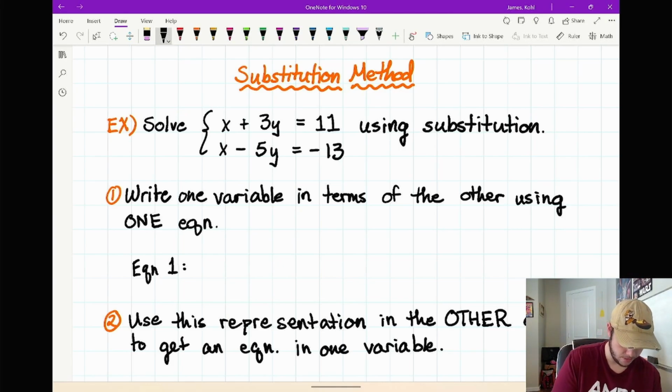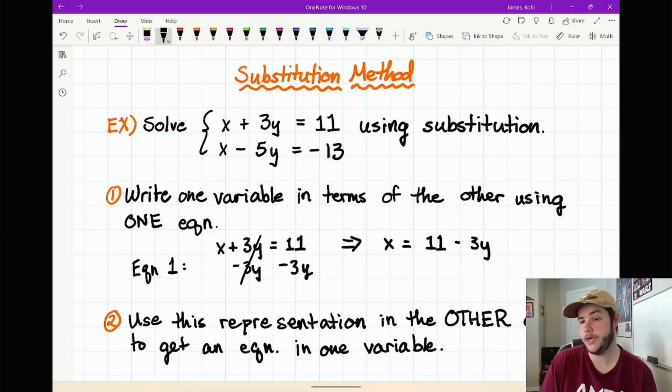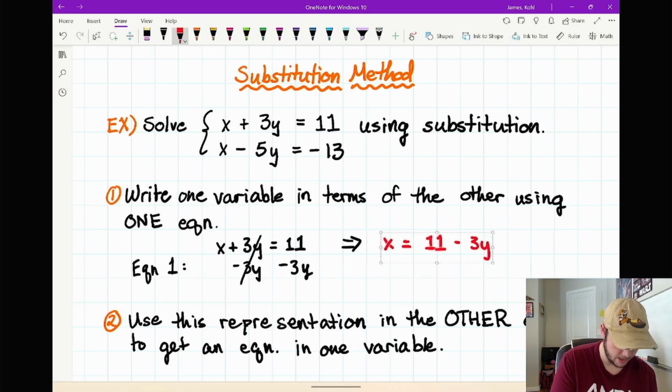All I have to do is subtract the 3y over. And that gives me that x is equal to 11 minus 3y. Okay, step 1 is complete. I'm going to highlight that in orange.